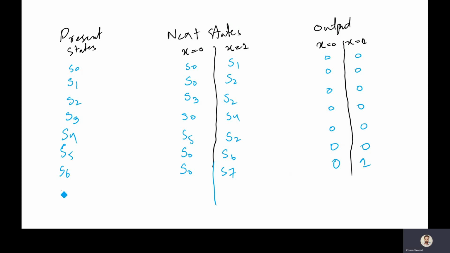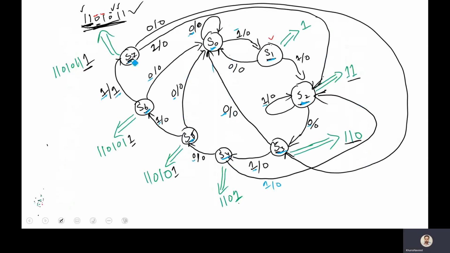And in case of state S7, let's go back and check. In case of this state S7, if we get a 0 at the input, we move to state S3, and in case of 1 in the input, we move to the state S2. So you can see this is coming from here to this state.